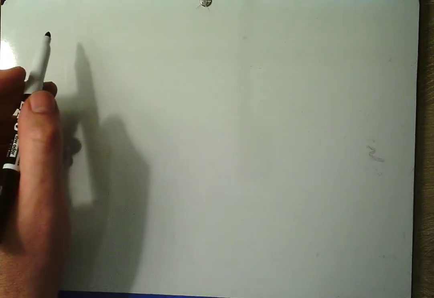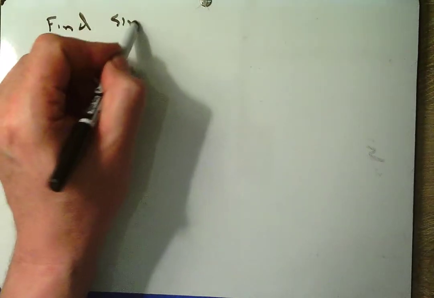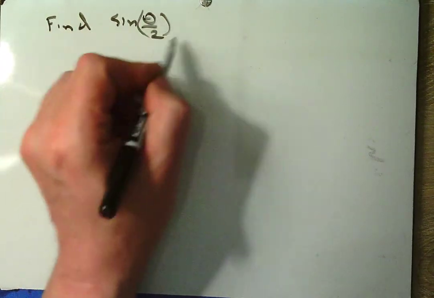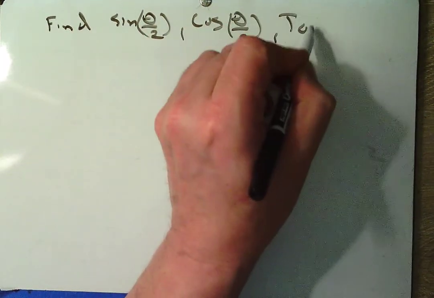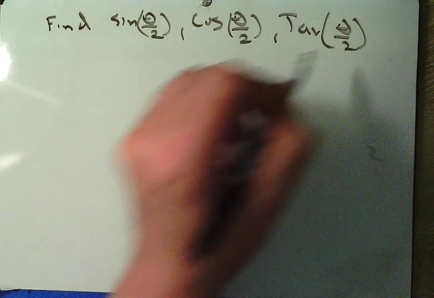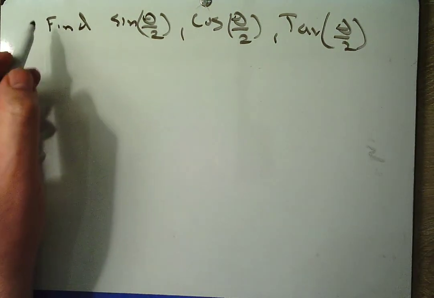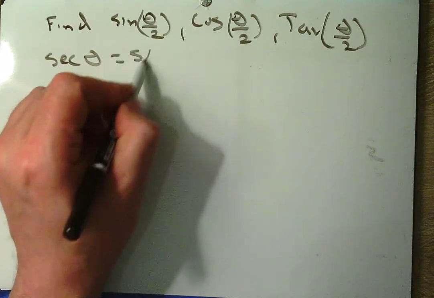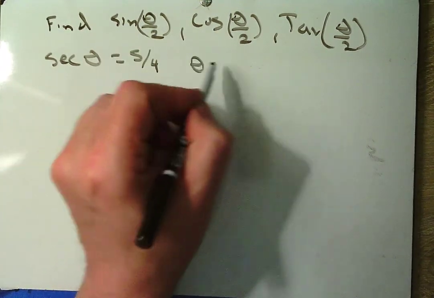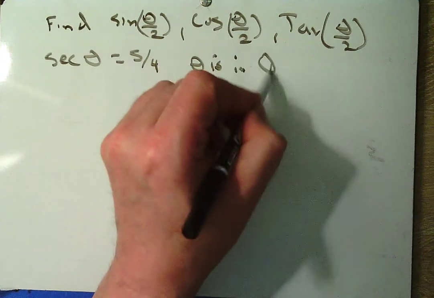I also wanted to say another popular problem type here is the draw a triangle problem type. So they tell me to find sine of theta over 2, cosine of theta over 2, tangent of theta over 2, and they tell me that the secant of theta is 5/4 and that theta is in quadrant 1.